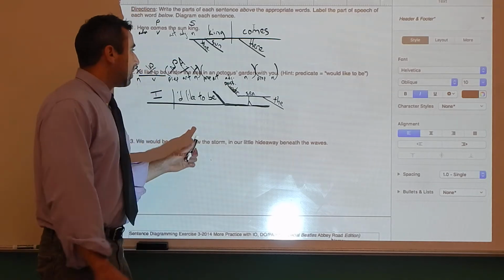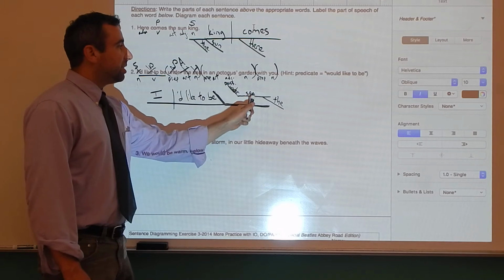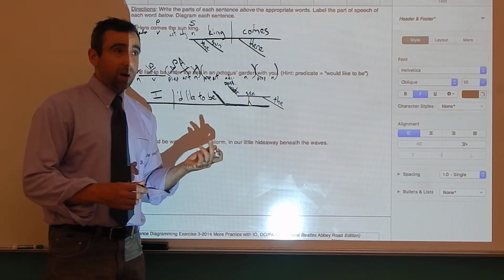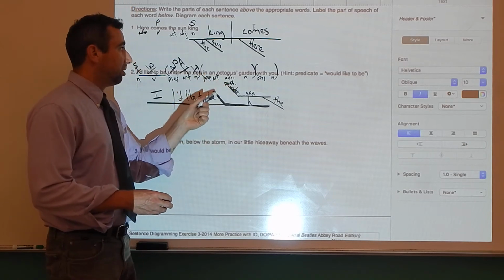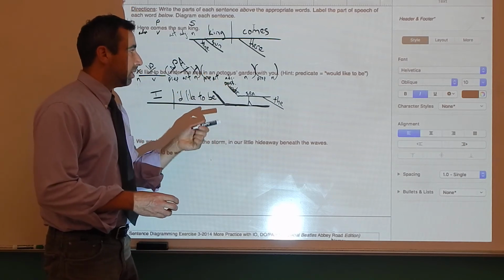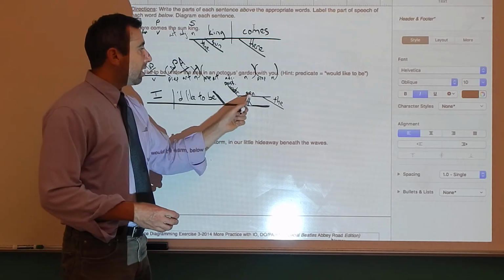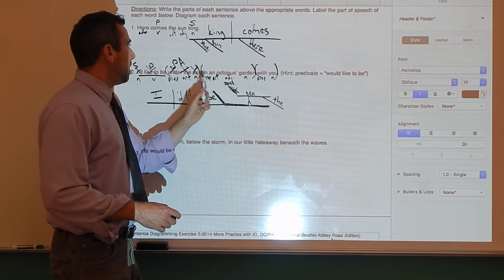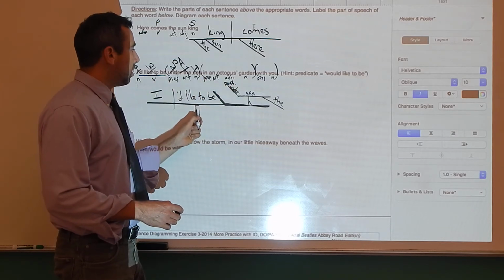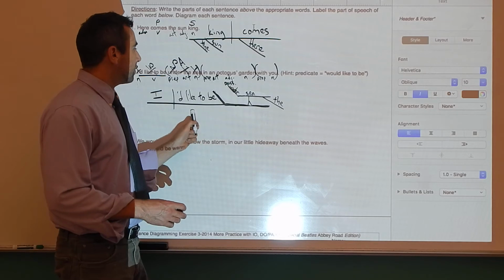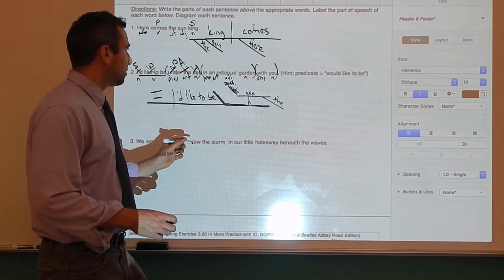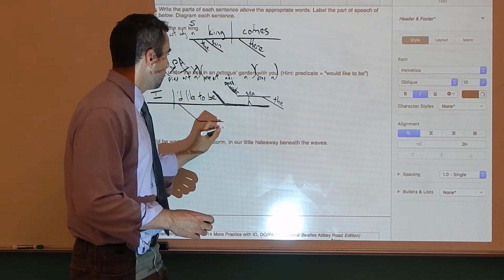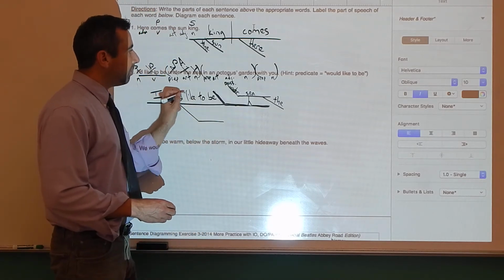Okay, now, in an octopus's garden does not describe the sea. The sea is not in an octopus's garden. In fact, the octopus's garden is under the sea, is in the sea. So we're not going to put in an octopus's garden over here. In an octopus's garden is more about how this person would like to be. I'd like to be under the sea.